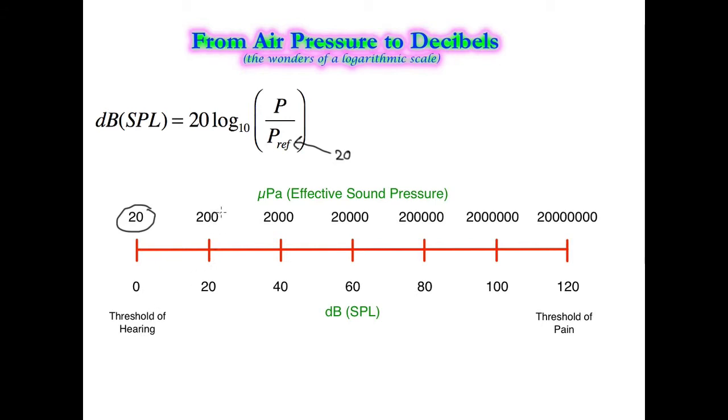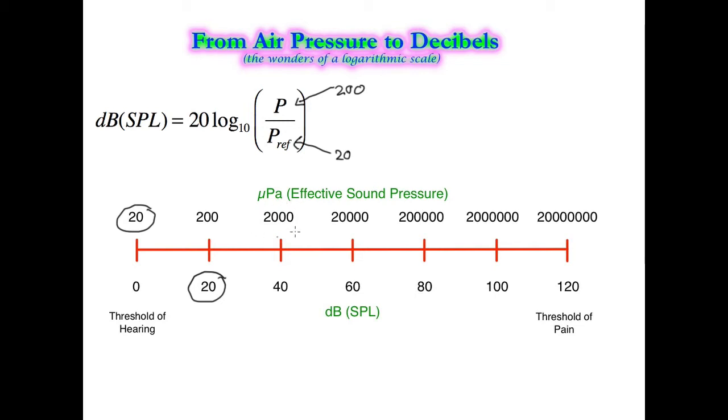So for instance, a sound pressure level of 200 micropascals, that's 10 times this threshold level of 20 micropascals. This fraction becomes a value of 10. And the log of 10 is 1, as we found out previously. 20 times 1 gives us the value of 20.